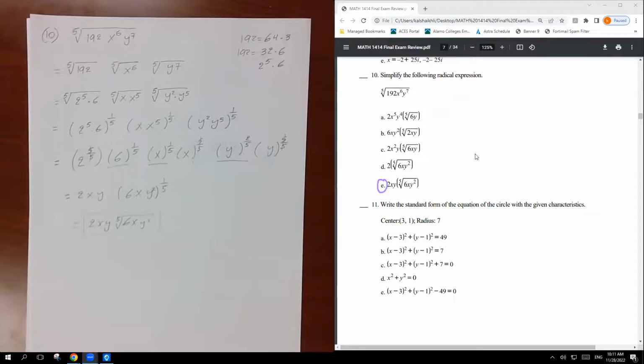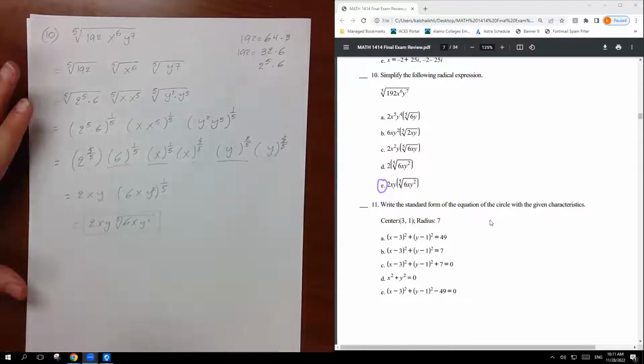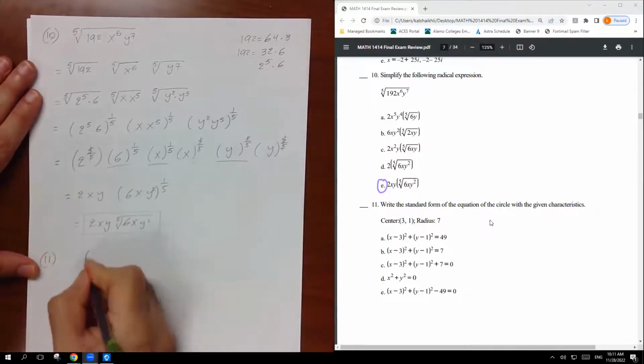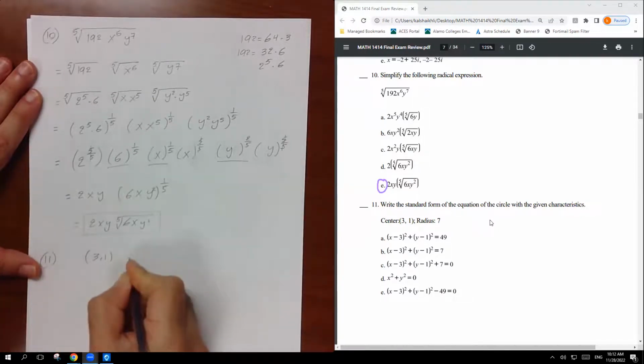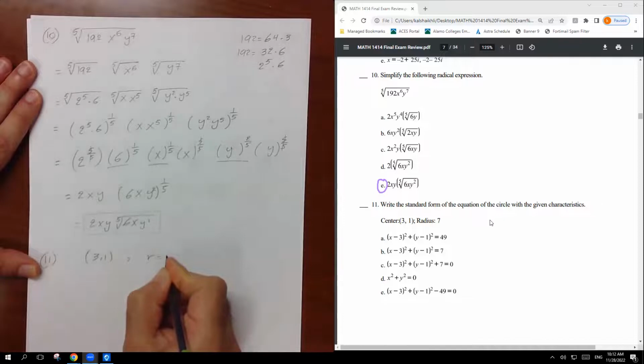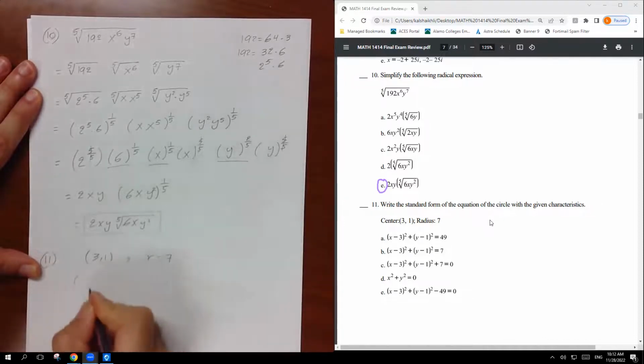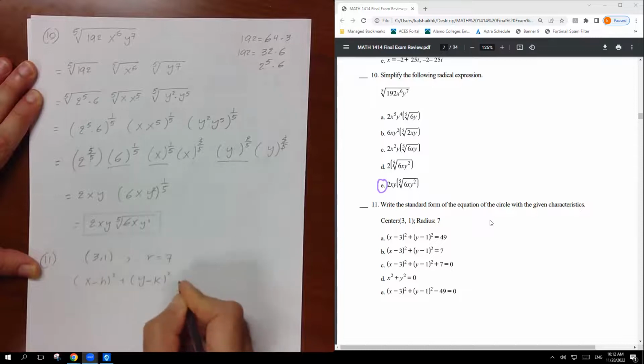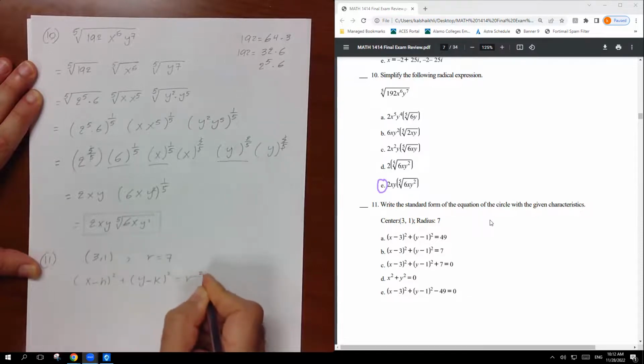For example 11, write the equation of the circle with the given center and radius. We have the center and we have the radius. So for example 11, we have the center is 3, 1, and we have the radius equal 7. So the standard form is x minus h squared plus y minus k squared equal r squared.